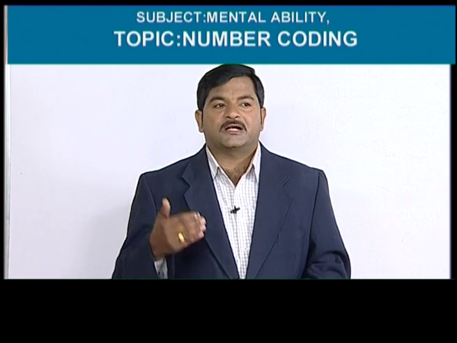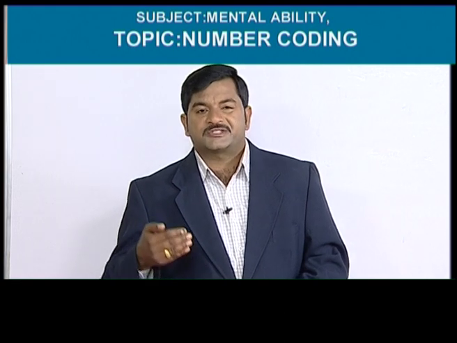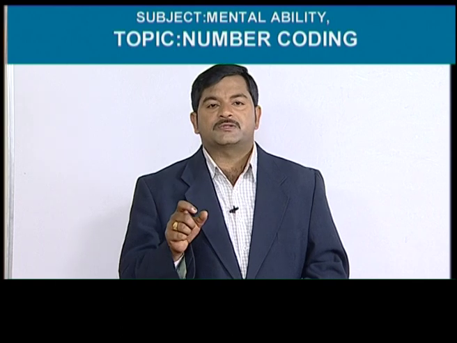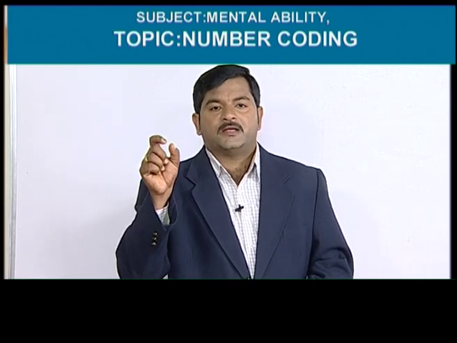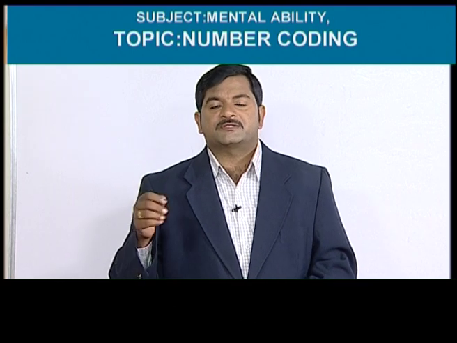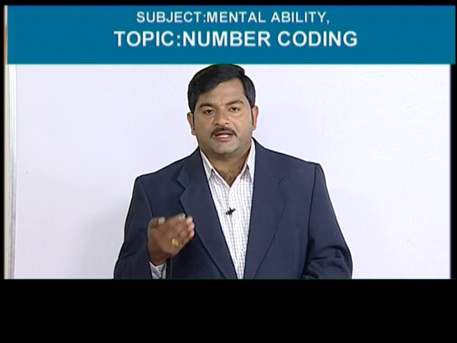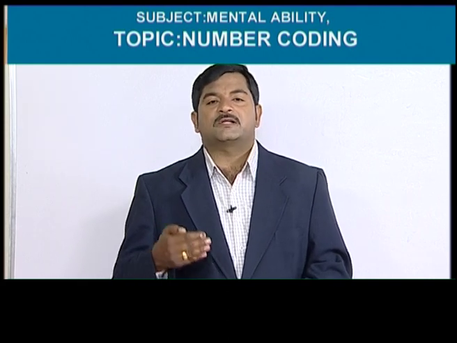How can we find it? It can be obtained by subtracting one set from 30. One set is equal to 26 letters, so 30 minus 26 is 4. The 4th letter is D, hence the 4th letter is D as well as the 30th letter is also D.